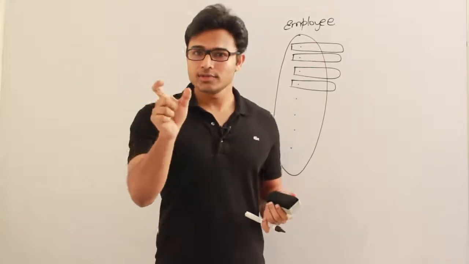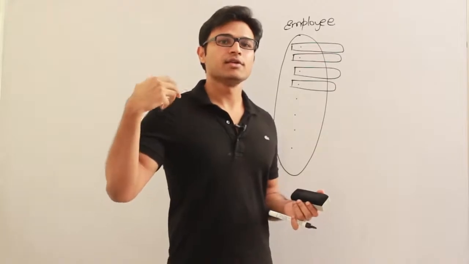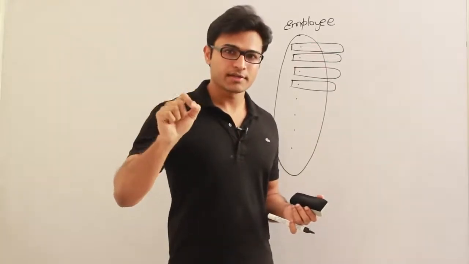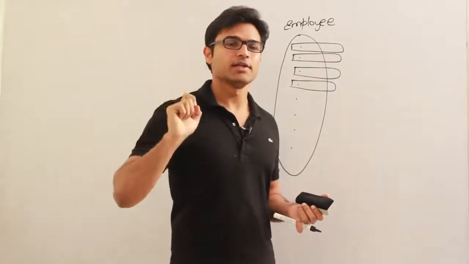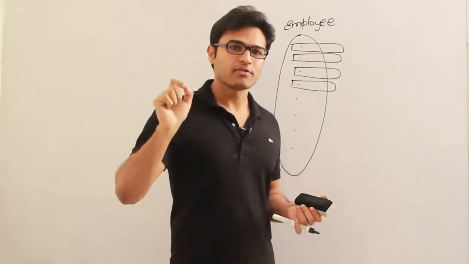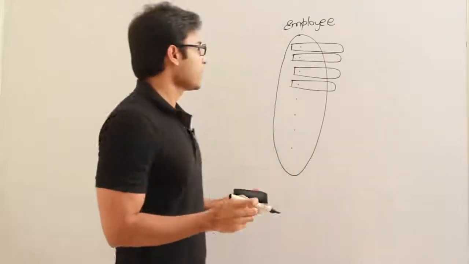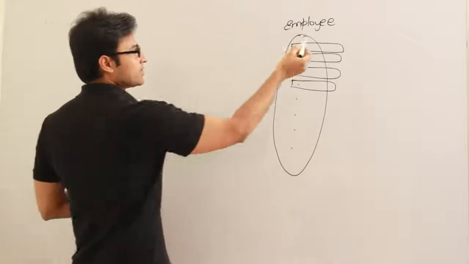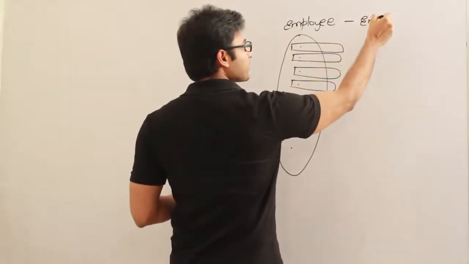Now, once we fix that attribute, whenever you try to insert any new element, we will always check that the new element being inserted, which means the new entity, should have a different value in that key attribute, right? So for example, for this employee, maybe you can have an attribute employee ID, right?